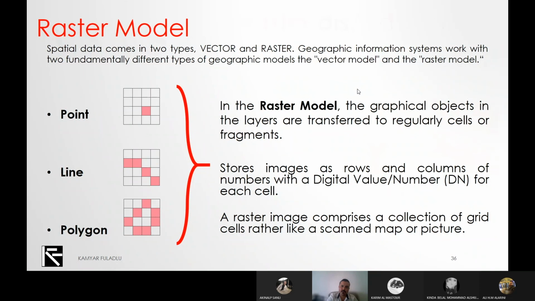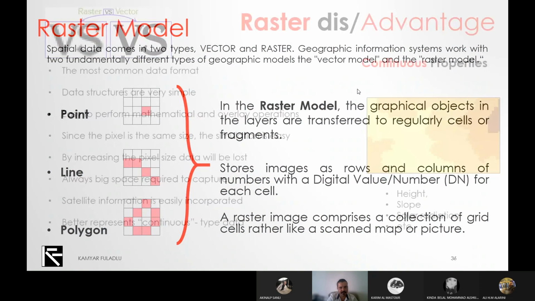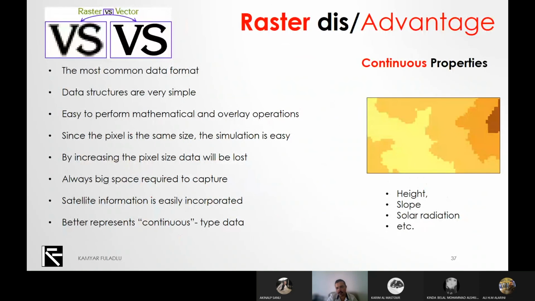Now, let's come to the raster advantages and disadvantages. First of all, it is a continuous property. It is difficult to say which part finishes where or starts when. You cannot easily say.